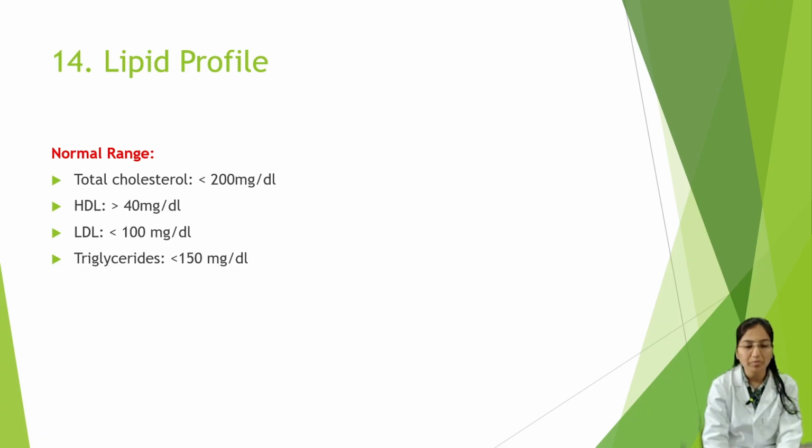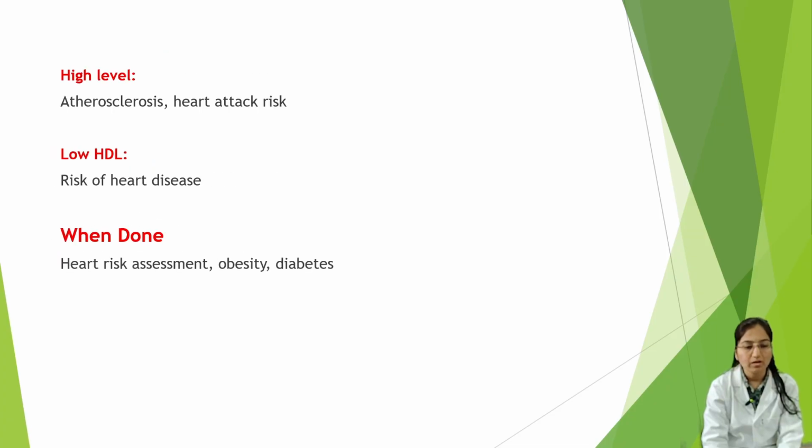This is the normal range. If this level is increased, we can see atherosclerosis and heart attack risk. If HDL is low, risk of heart attack we can see. This test is done for heart risk assessment, obesity and diabetes.